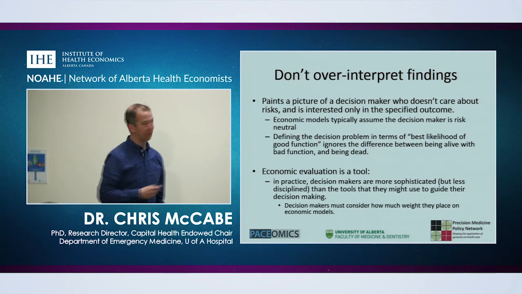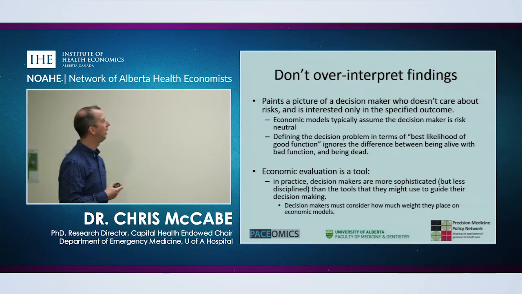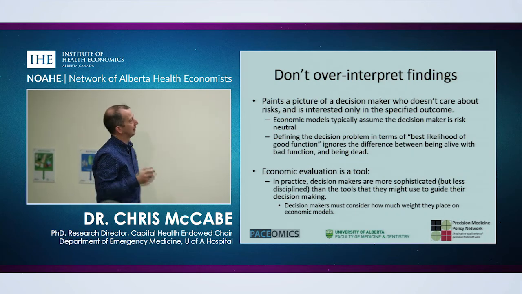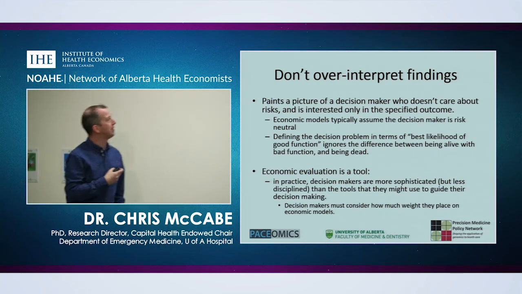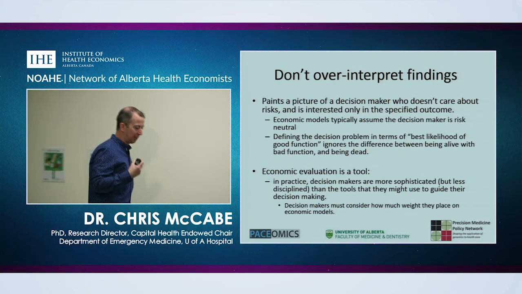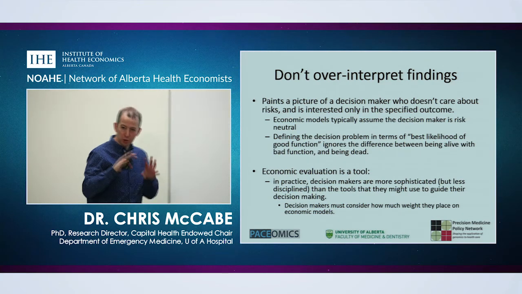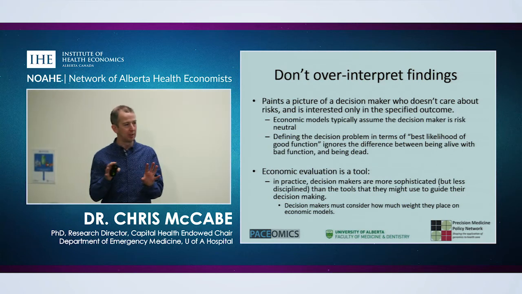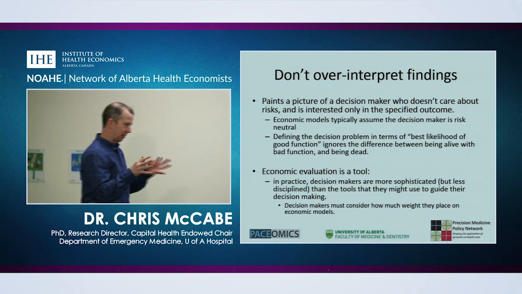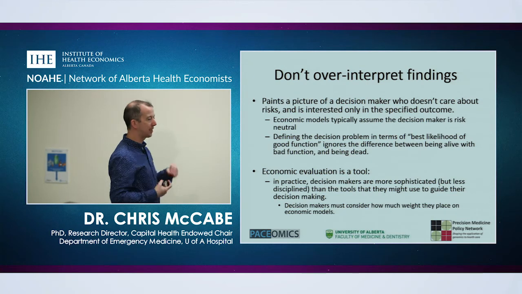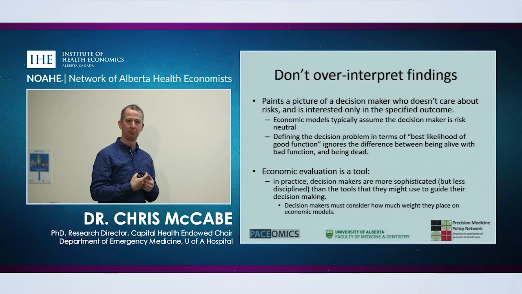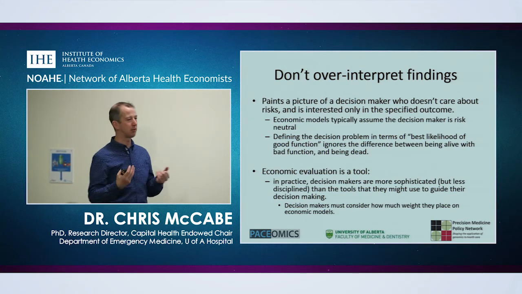So now the health warning. Please do not overinterpret findings. A model will paint a picture of a decision maker who is risk neutral. So however much uncertainty there is around this, models tend to say that if the expectation is the same, then the decision maker is indifferent.